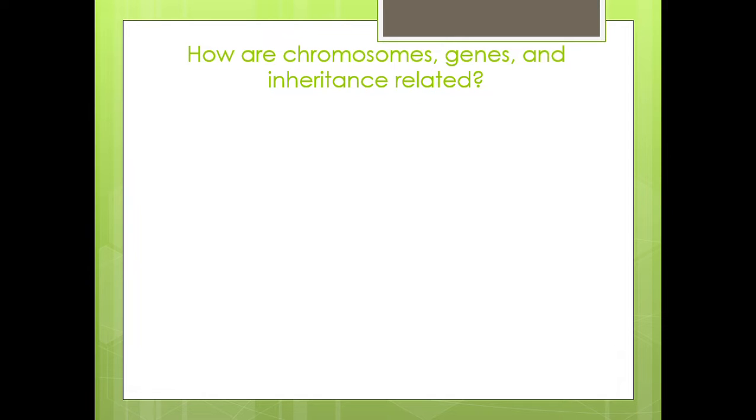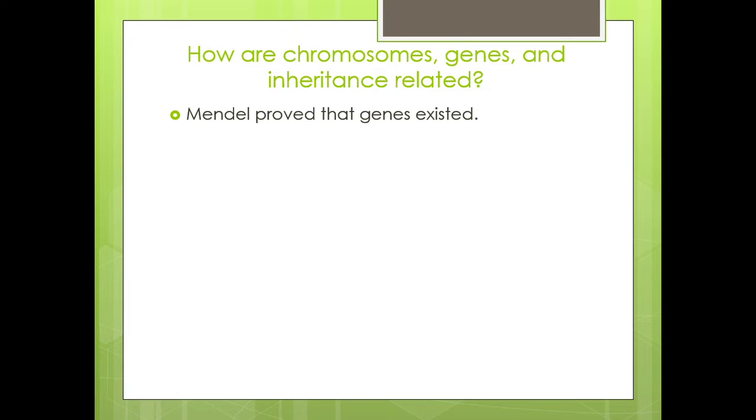Alright, so we have our first big question. How are chromosomes, genes, and inheritance related? So Mendel proved that genes existed. Remember that Mendel experimented with peas, and he had peas with 2 different colors, and when he mixed them, he noticed that the color was changing.